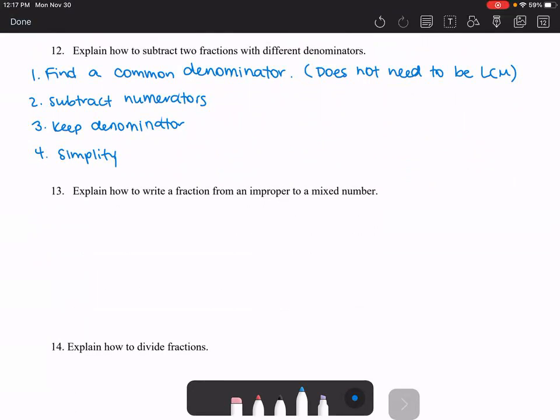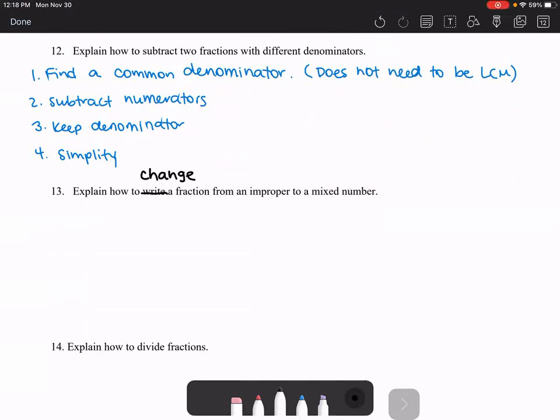So 13, I'm just going to go through these 3 in a row and then ask about questions at the end. The next one is explain how to change a fraction from an improper fraction to a mixed number. Sometimes it kind of goes crazy.